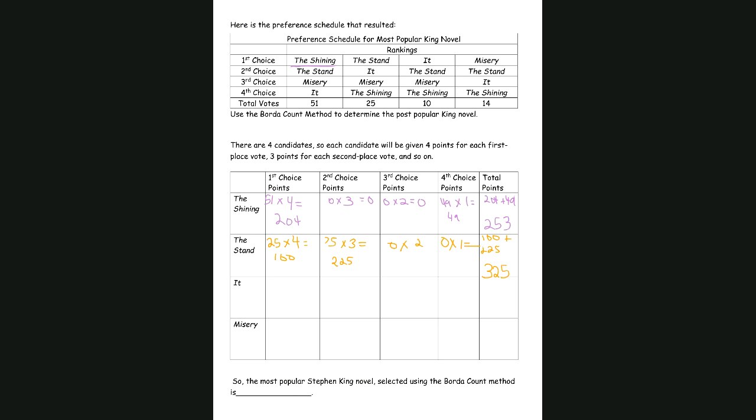So let's do the same thing with It and Misery. It was considered first by 10 voters. So that's 10 times 4, or 40.